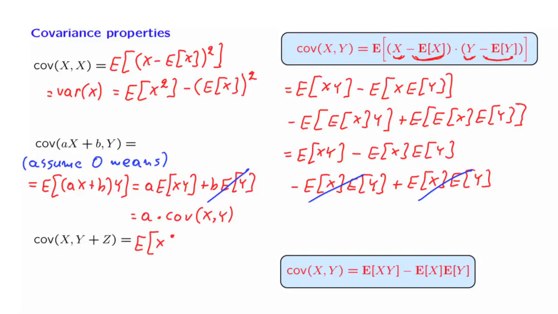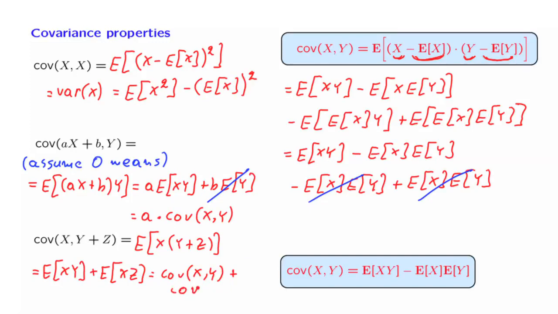The covariance is the expected value of the product of the two random variables involved, and then we use linearity of expectations to write this as the expected value of x times y plus the expected value of x times z, and we recognize that this is the same as the covariance of x with y plus the covariance of x with z. So in this respect, covariances behave linearly. They behave linearly with respect to one of the arguments involved.